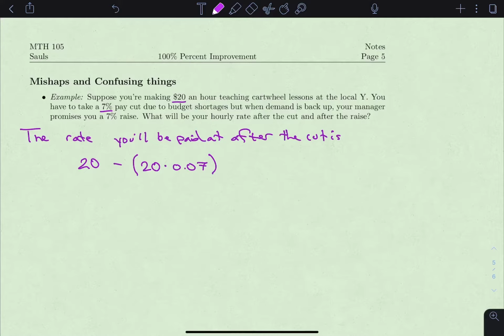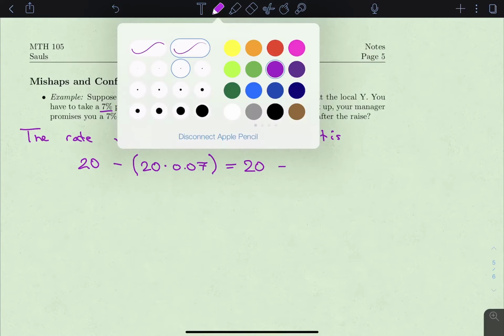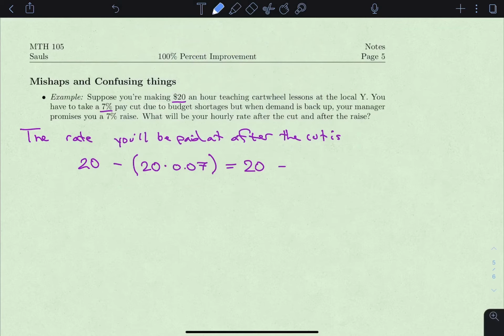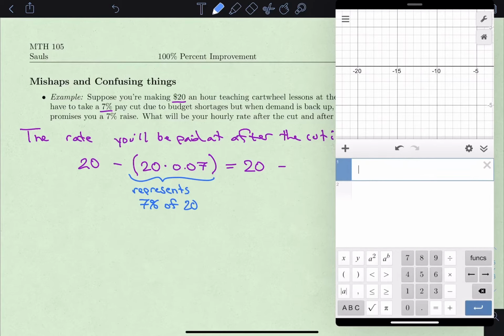So we're going to subtract off how much money you're going to lose. So we need to know how much 7% of 20 is. This number right here represents 7% of $20.